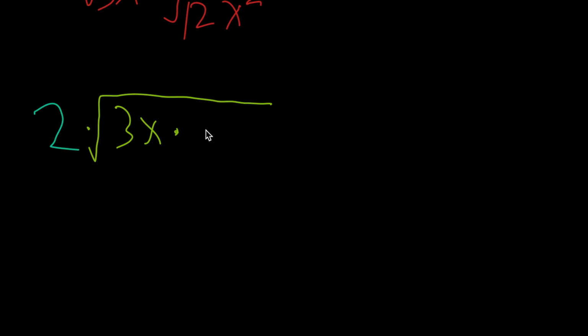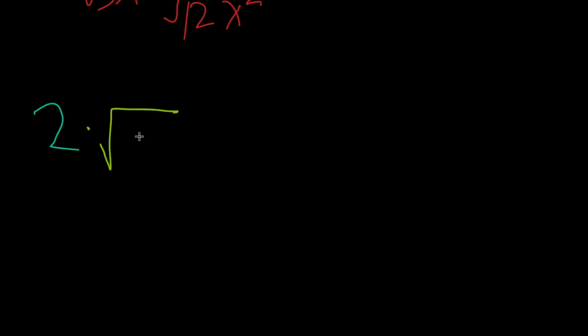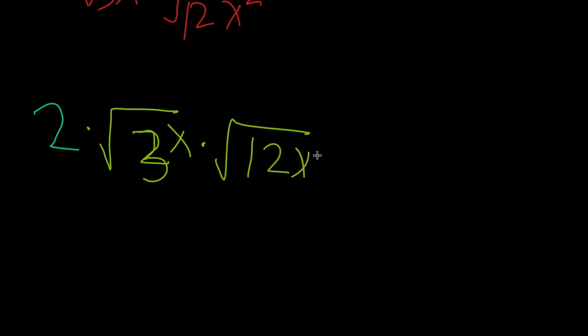And actually, let me factor 12. 12 is 3 times 4. Actually, I think I can factor it even more. So we can first write it as the square root of 3x times the square root of 12x squared.